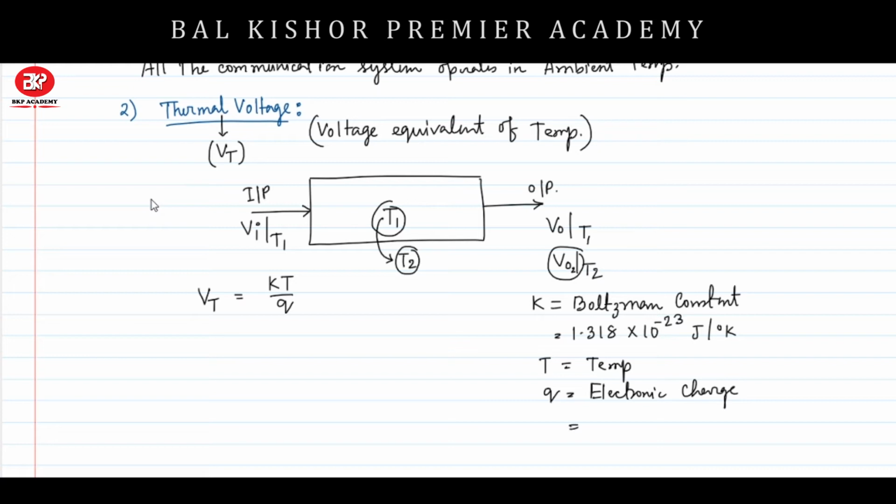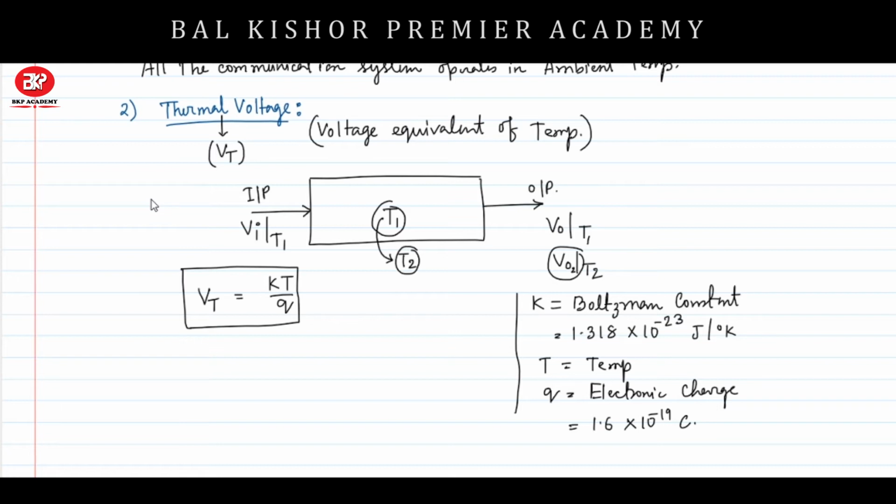The value of the electronic charge is 1.6 into 10 to the power minus 19 coulomb. So these are the variables used inside the thermal voltage equation, denoted by Vt.